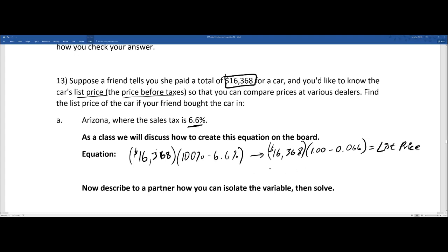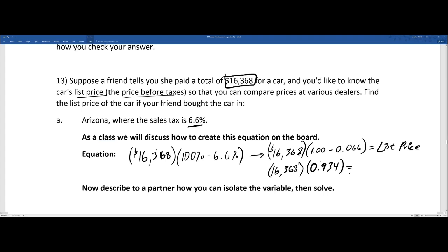Okay, so let's try this out. We have 16,368. Let's go ahead and use our calculators, because calculators are a tool. We have 1 minus the 0.066, and we actually end up getting 0.934, which is really just 93.4%.